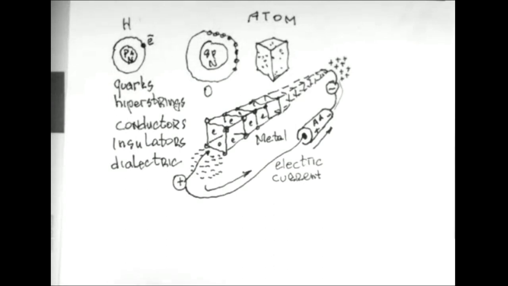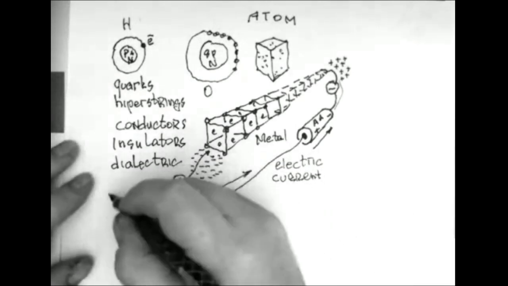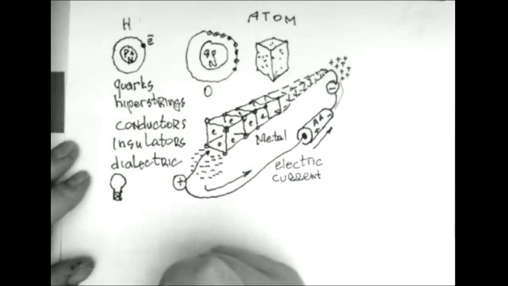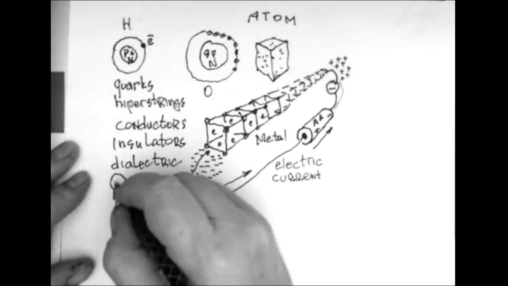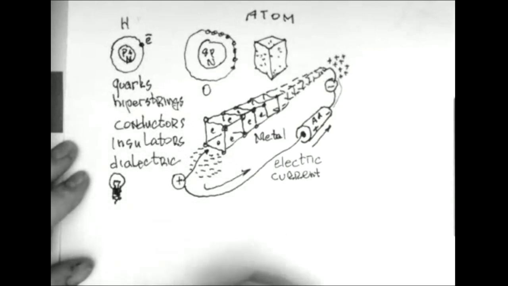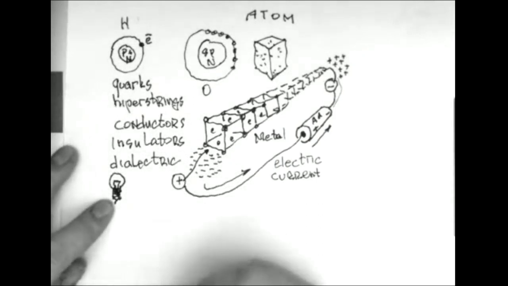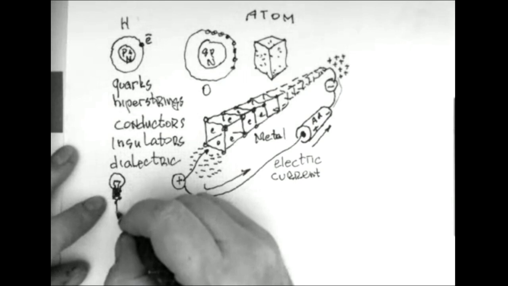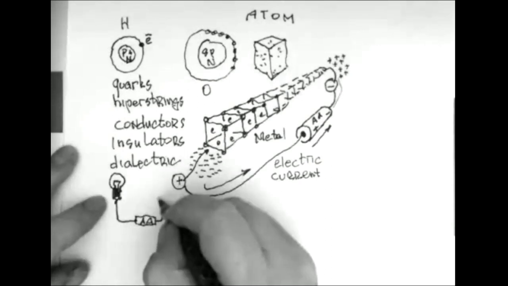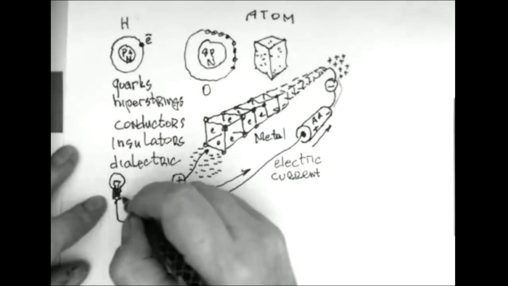For example, in the lamp, when we have a little lamp, I will draw the lamp like this. You can see it. The lamp has a little filament that is connected to the base. And when you connect this base to the battery, I'll put a battery here, double A, and another piece we will connect through the switch.